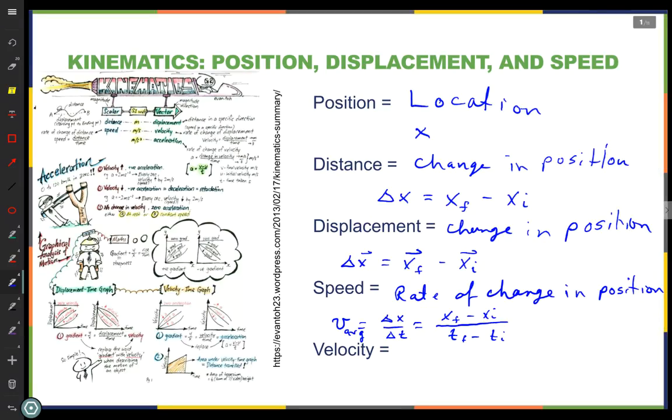Velocity. We've talked about the difference between speed and velocity. Velocity is the rate of change in displacement, or in equation form, v average equals delta x over delta t, using displacement.